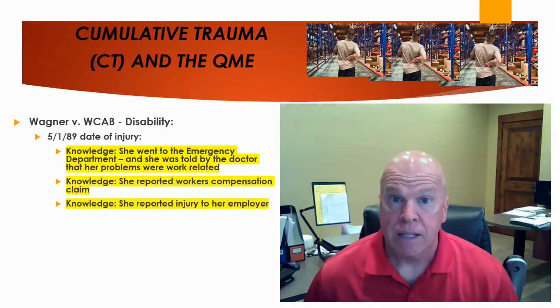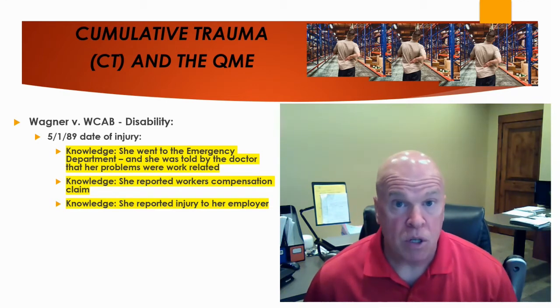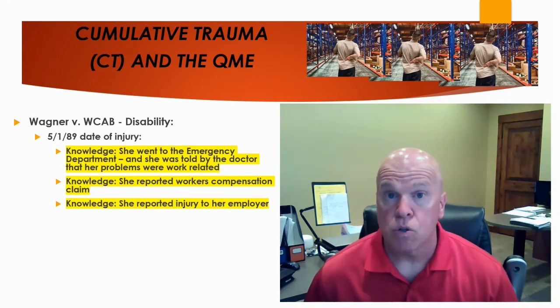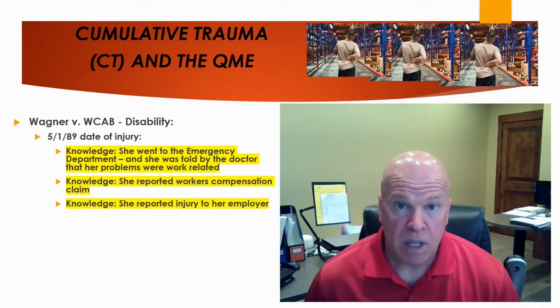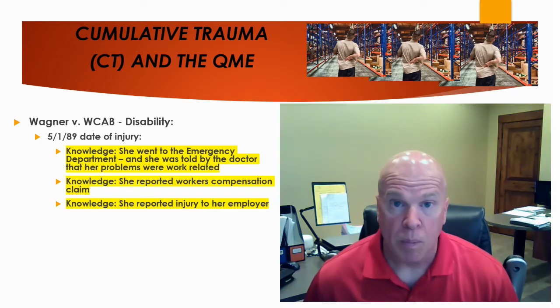Further, in May 1989, she reported the workers' compensation claim herself. And this reporting of the workers' compensation claim many times is what actually constitutes, or is the only thing that constitutes, evidence of the employee's knowledge that the disability is caused by the workplace duties.